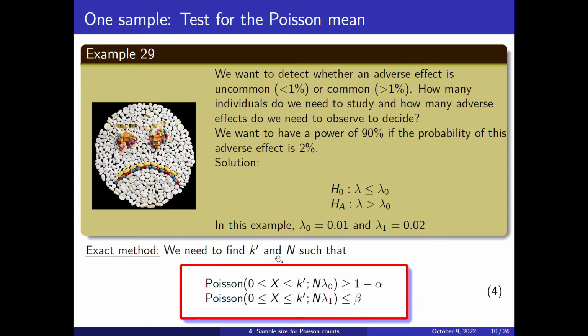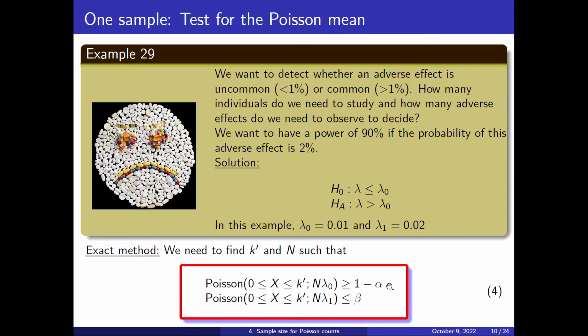So you may recognize here the kind of reasoning that we have been following all the time. So we have to find a point k prime, this is the critical value, such that if the null hypothesis is true, from that point to the left we have 1 minus alpha.